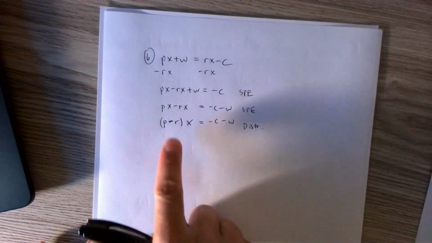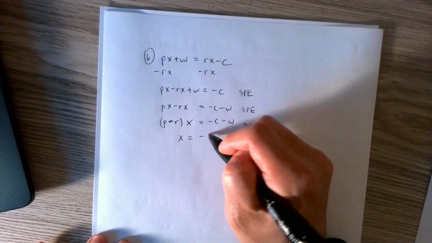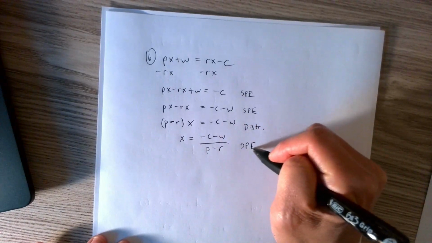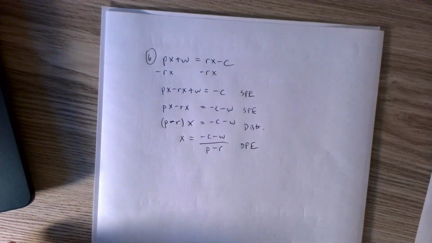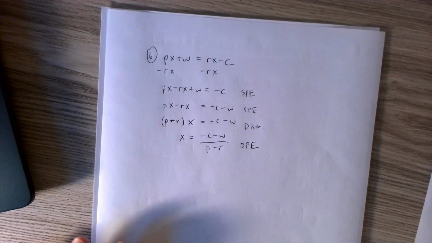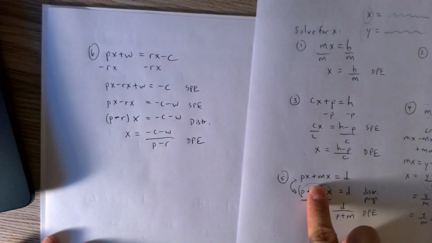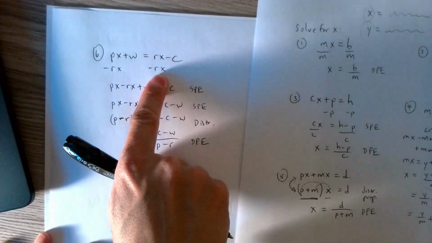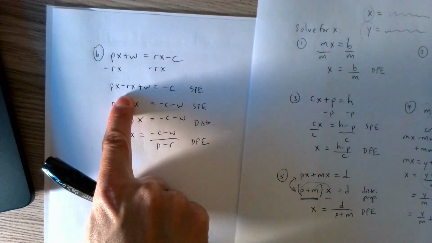And then DPE P minus R. So that's how to deal with two terms having the variable you're interested in. Here they were on the same side of the equation, so all you had to do was distributive property. Here they were on the opposite side, so before you do distributive property, highest priority is get the x's on the same side.